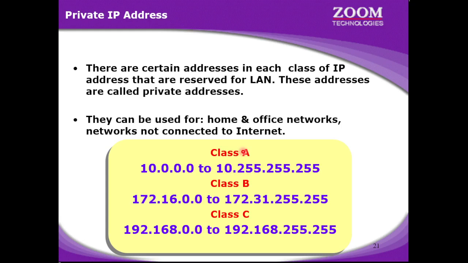Class B, 172.16 network hanggang 172.31.255.255. Class C, 192.168.0.0 hanggang 192.168.255.255. Okay, so pwede po natin gamitin yan for home and network that are not connected to the internet or naka LAN lang tayo, naka local network, local connection. Okay? So that is the IP address.